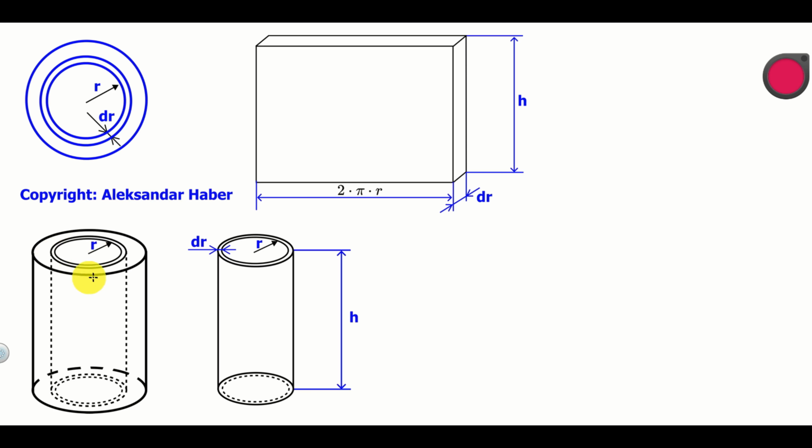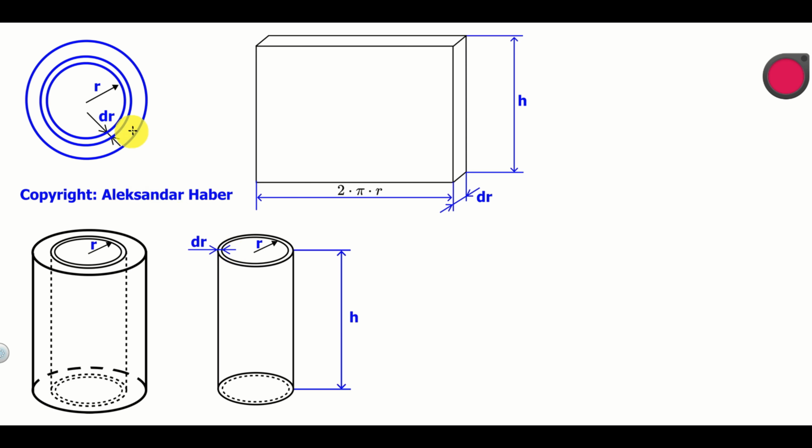Here is a single shell that's at the distance of r from our axis z, and here is the isolated shell with its dimensions. The height of the shell is obviously the height of the cylinder, that is, it's equal to h. The width of the shell is dr.